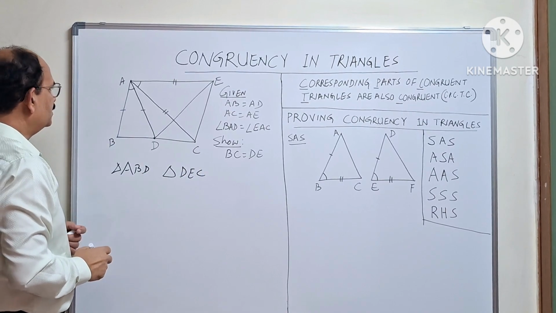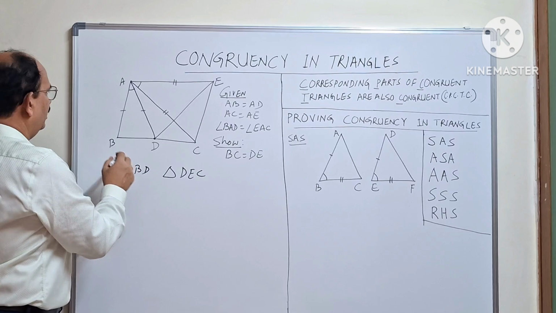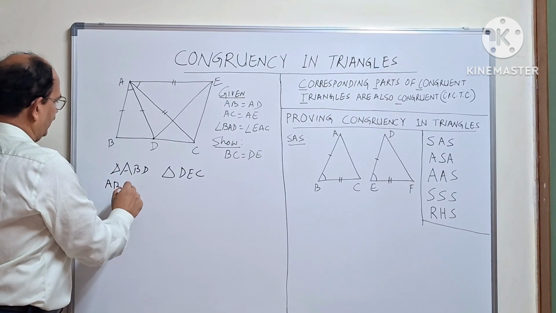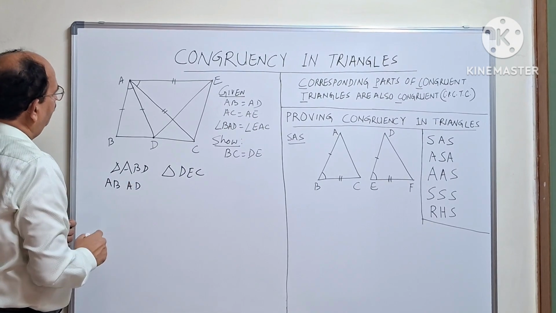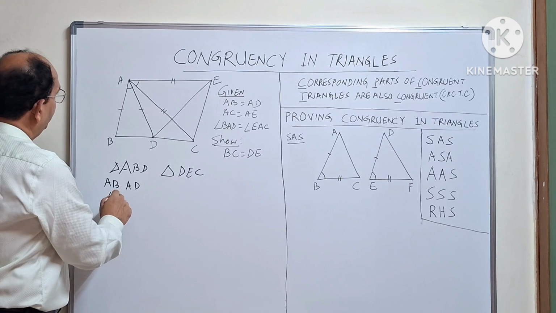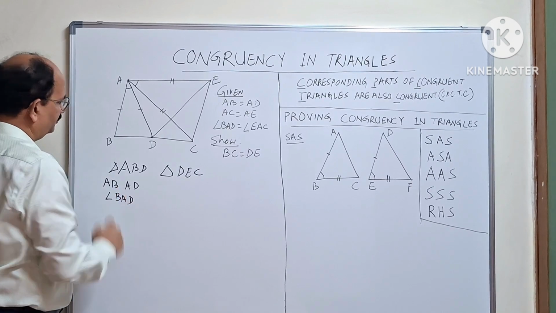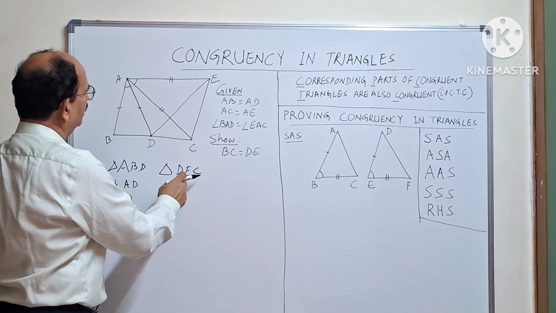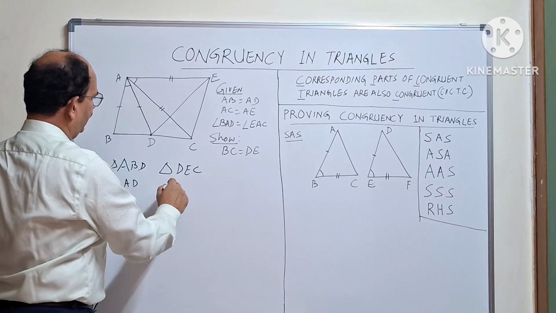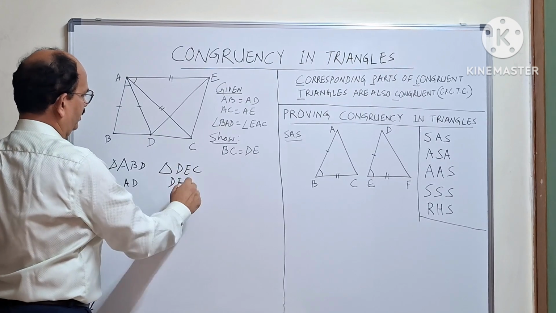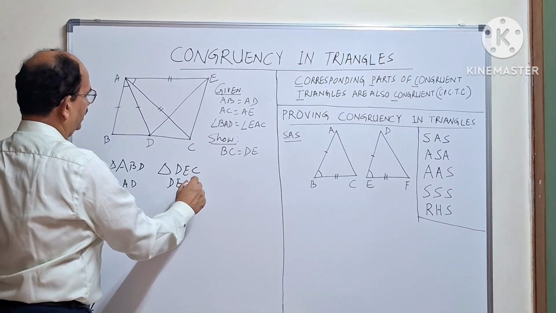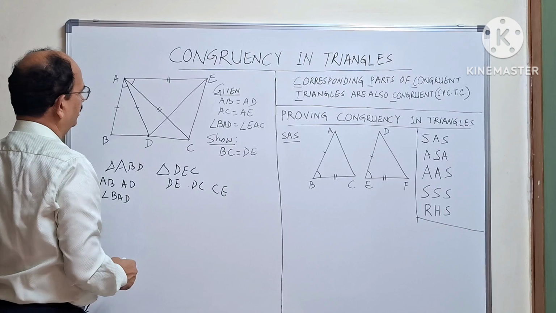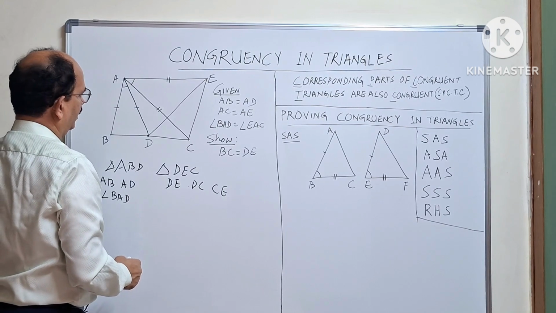Now, if we choose these two triangles, then we will have AB, AD appearing and angle BAD appearing. In triangle DEC, DE will appear, DC will appear, CE will appear.